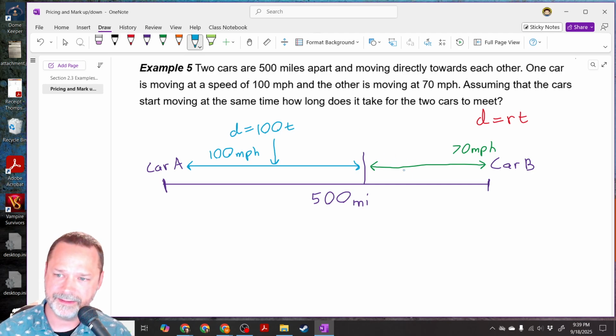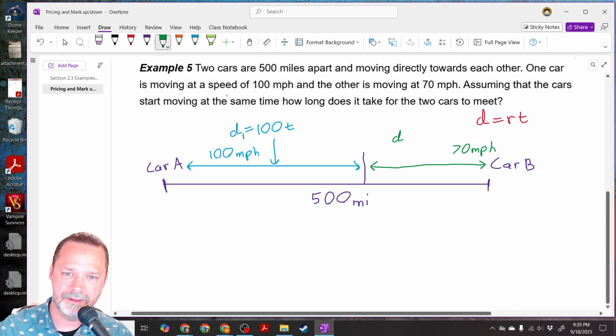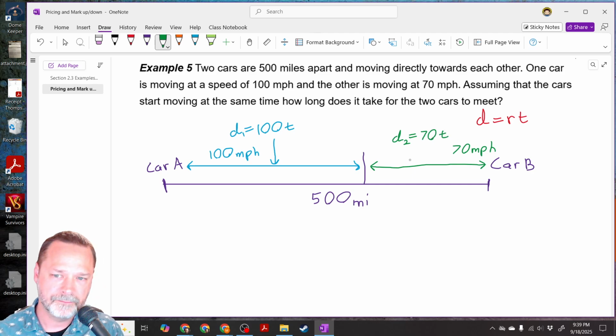And this distance here, since we have 70 miles per hour, it's going to be that distance. So let's say over here, this is D1. And then over here, let's call this D sub 2. That's a different distance, right? That distance is 70 times T.